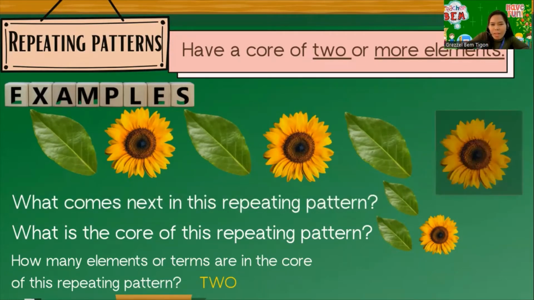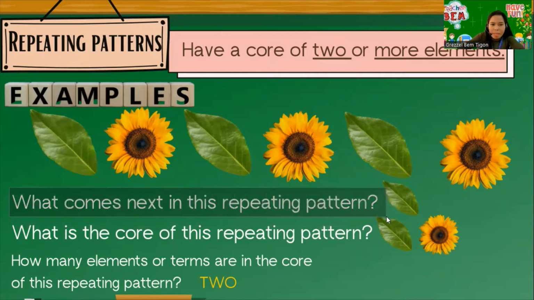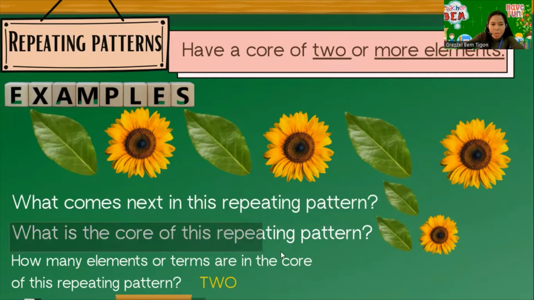The last one here is sunflower. What do you think is the next element? The next one here is the leaf. So what comes next in this repeating pattern? It is the leaf. And then what is the core of this repeating pattern?